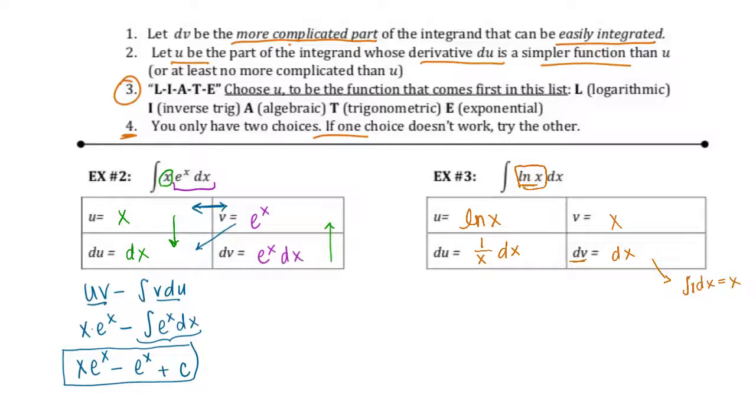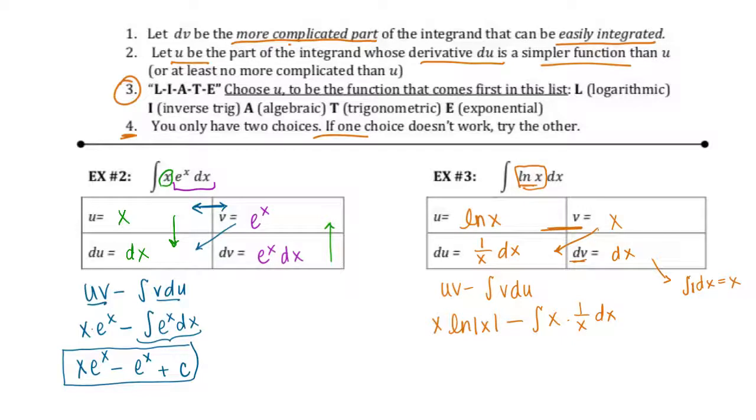So again, my formula is uv minus the integral of v du. So u times v, so again I'm going to multiply across here, so I have x times natural log of absolute value of x. And then we're going to have minus the integral of v du. And du is equal to 1 over x dx.